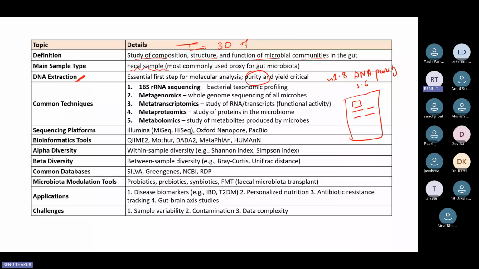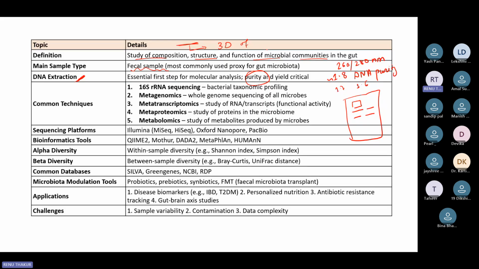A sharp band is required, and a ratio of 1.8 is required. 1.8 denotes that your isolated DNA is pure. We take the absorbance at 260 by 280 nanometer. So if it is 1.7, then also good. If it is 1.8, this is excellent, that your DNA is free from any kind of impurity, no carbohydrate, no protein, no RNA impurity, nothing. So this is the foremost step.